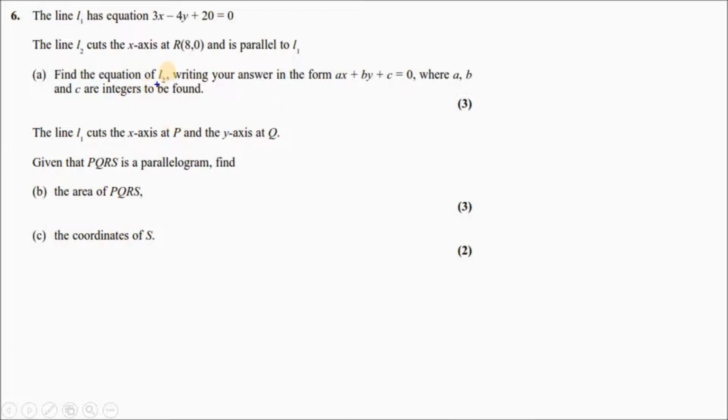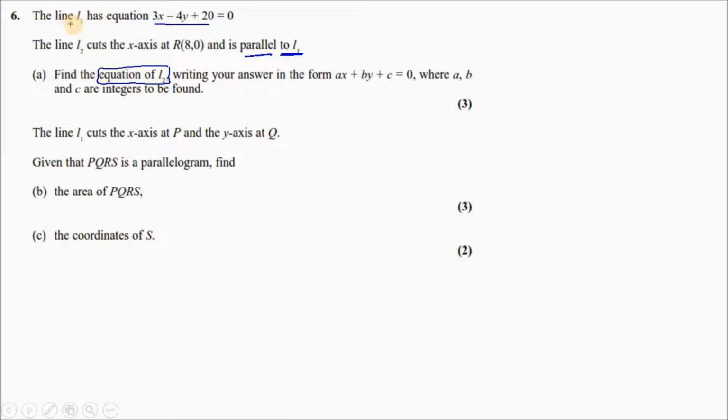So we need to find the equation of line L2, and remember L2 is parallel to L1. This is our L1. If two lines are parallel, then their slopes, or gradients, are equal.